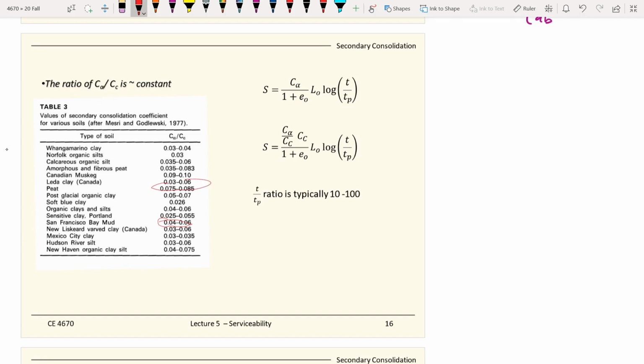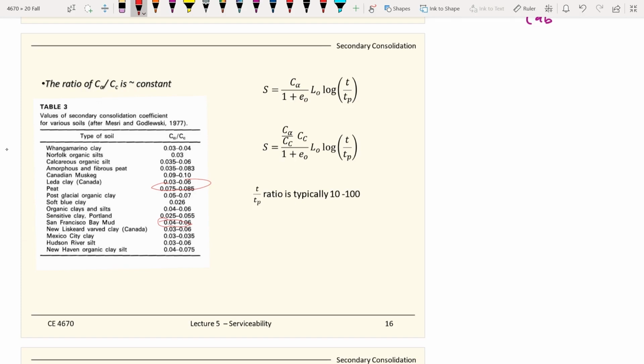When you have organic matter, the secondary consolidation is something you really look at. Anyway, those ready-to-go numbers can be handy when you don't have a consolidation test to get C sub alpha. Sometimes the lab testing could be too expensive for a small-scale project, or you may want a ballpark number to play with at the beginning for a preliminary design. Those numbers can be used too.